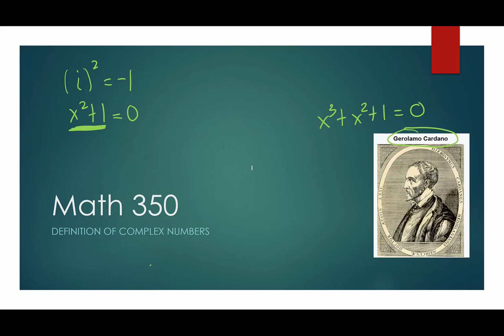Really complex numbers came out of the idea that I want to have a number system that has the roots of all these polynomials. So his quest was, I want roots. And by roots, I just mean solutions to a cubic equation in this case.